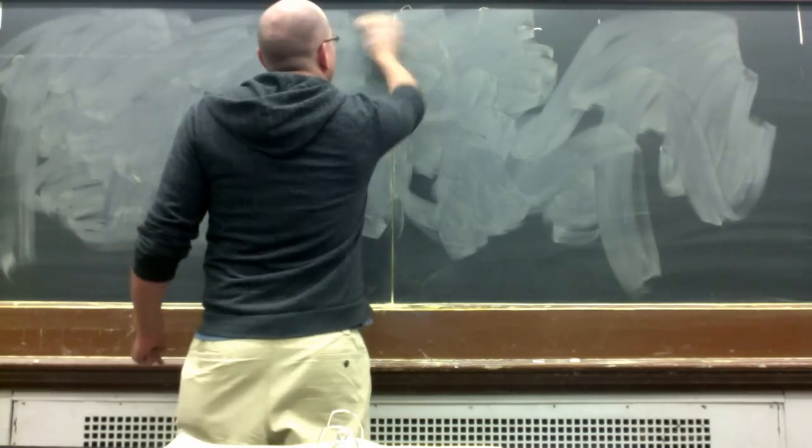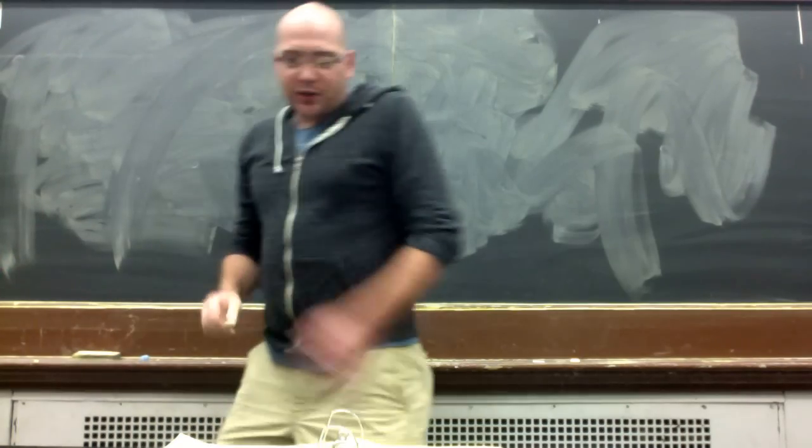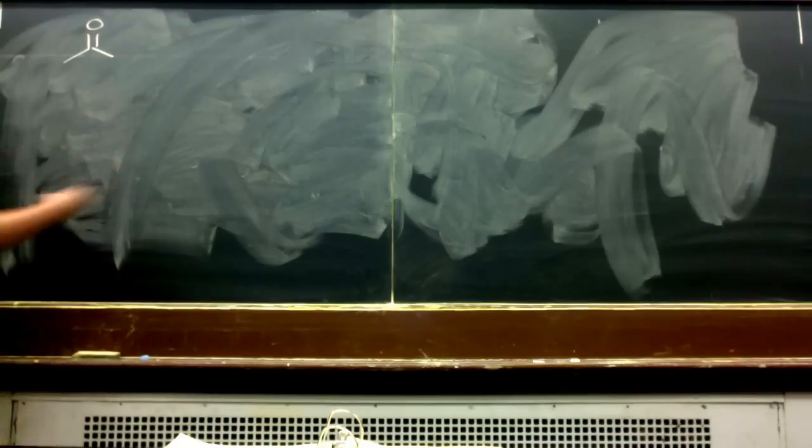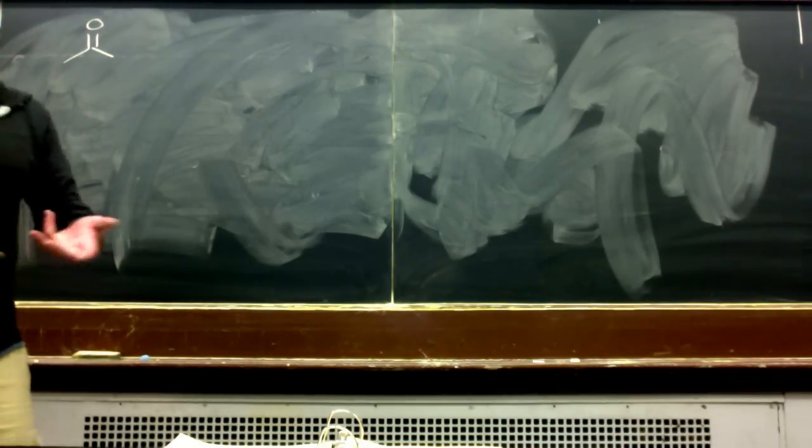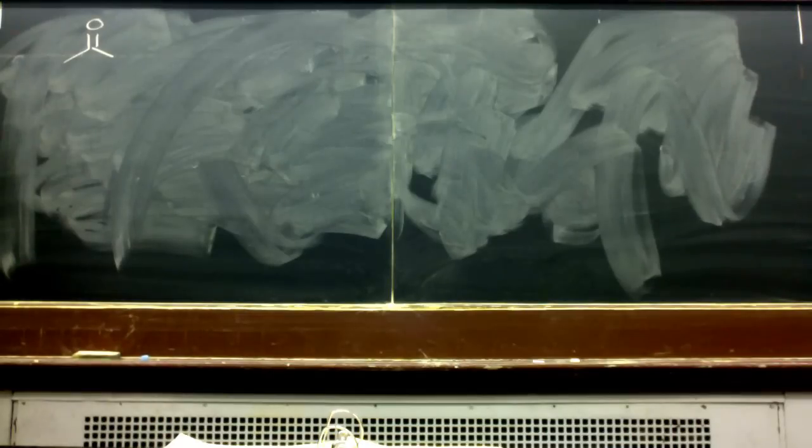All right, so we were just discussing different bases that you could use. Given the pKa value that we have, what we're really going to discuss today is two different classes of enolates that are a little bit different based upon pKa value.